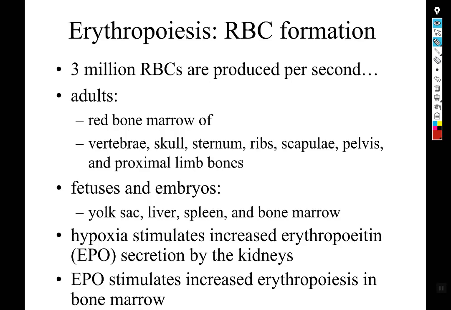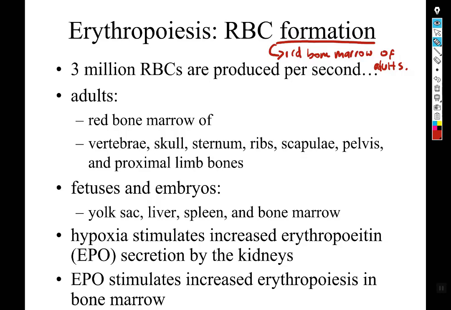And this is specifically going to happen in the red bone marrow of adults. And assuming all of the levels of erythropoietin are normal, you should be making about 3 million red blood cells per second.